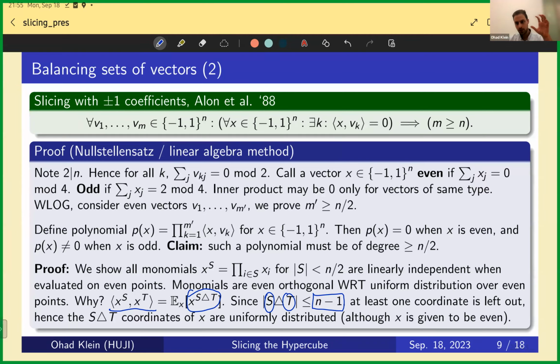And because we have uniform distribution over this subset of coordinates, we have expected value equal to 0. So this shows the orthogonality of the monomials and hence linear independence, and hence that the degree of the polynomial is at least n over 2.